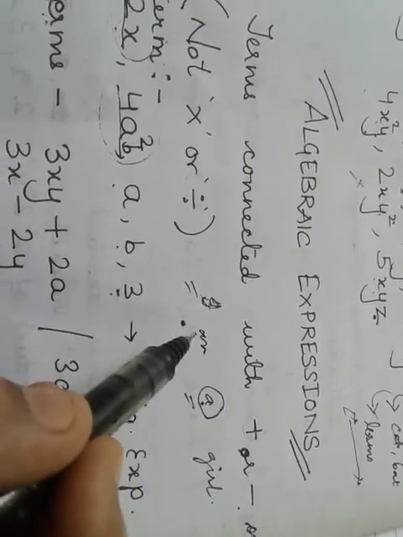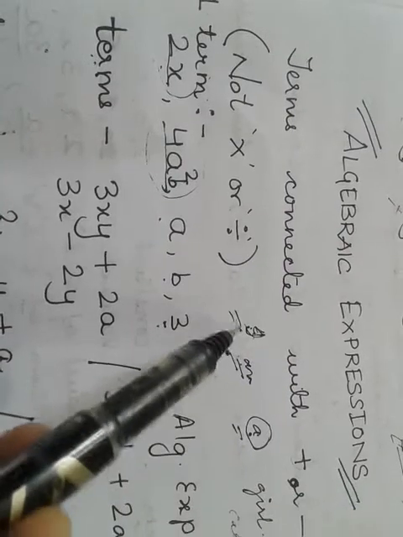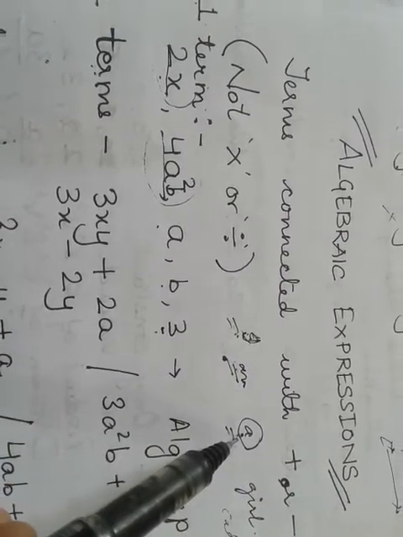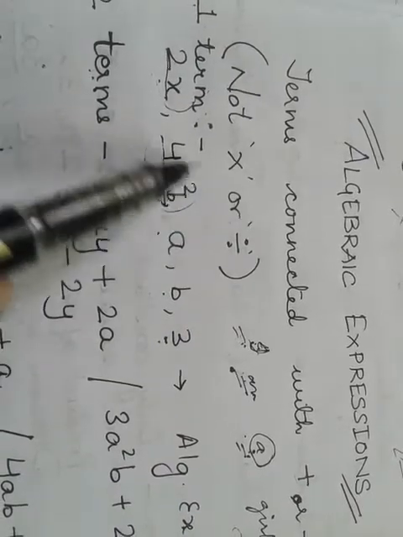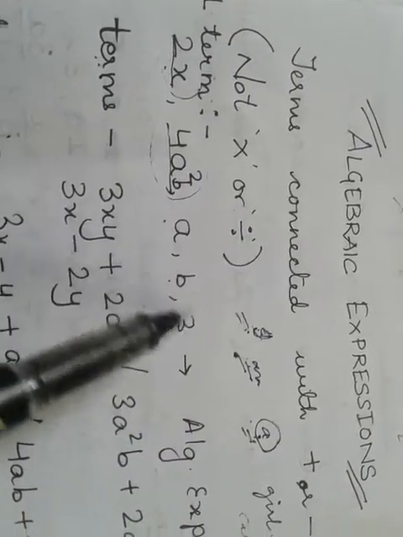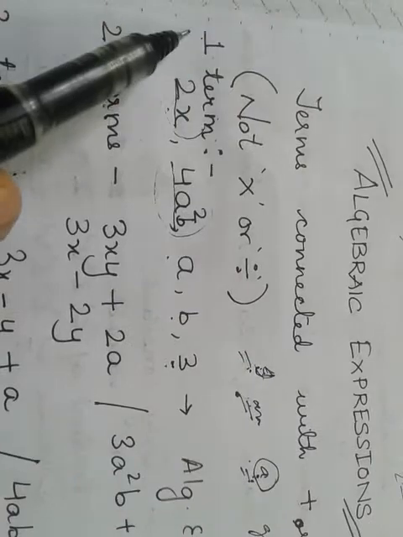Then comes 2-letter words, so here 2 terms. Similarly 3-letter words. Cat is 3 letters, so here it is 3 terms. We'll see one by one. I alone, a, they are single letters. Similarly, a, b, 3 are all algebraic expressions with only one term.